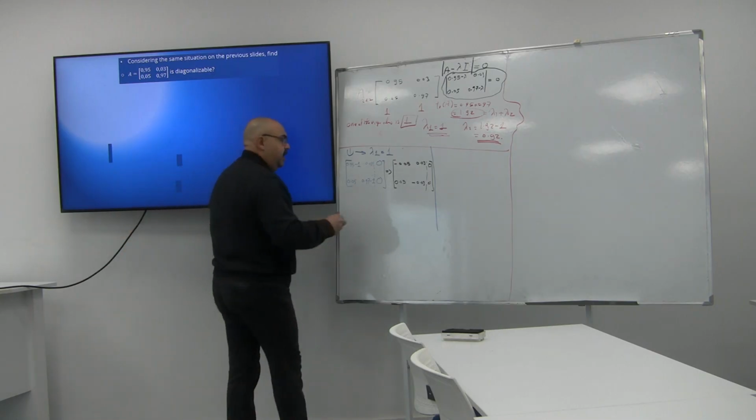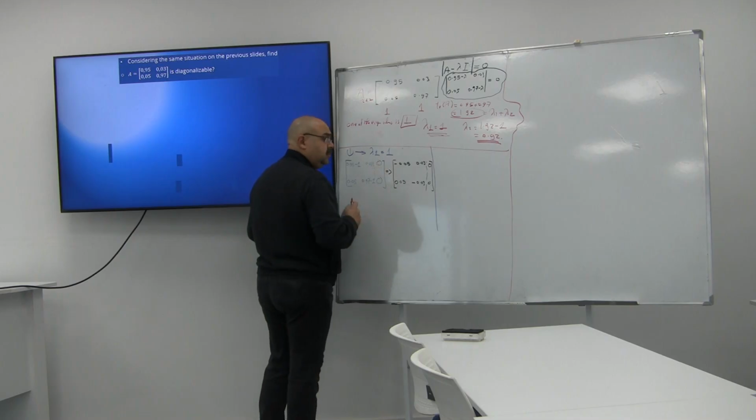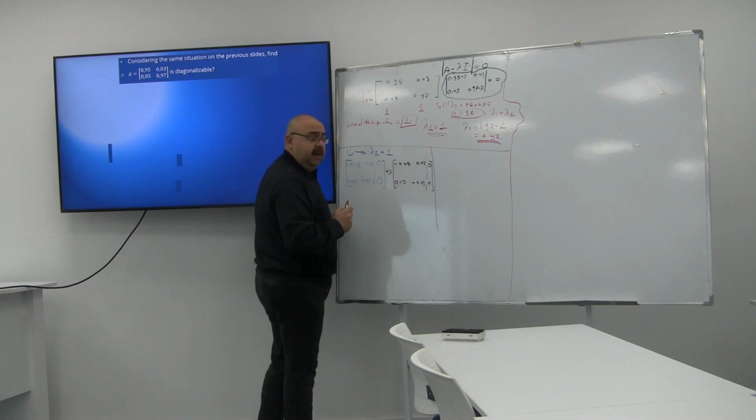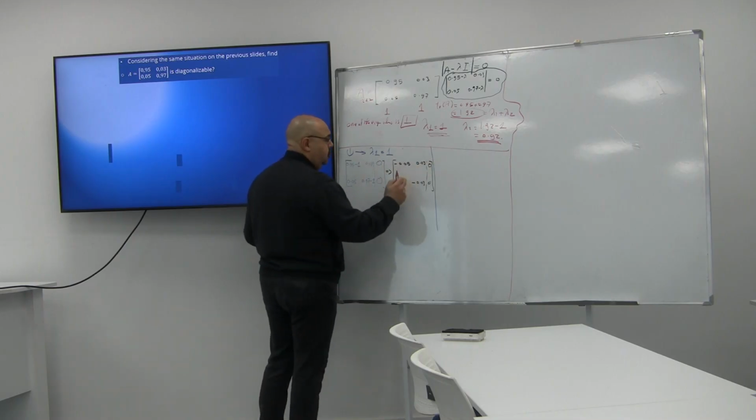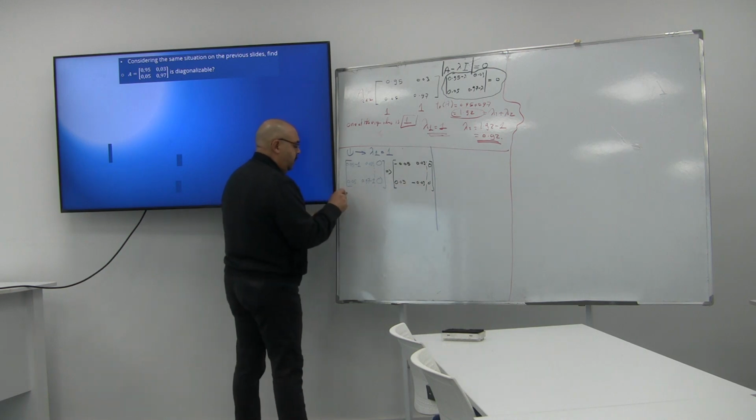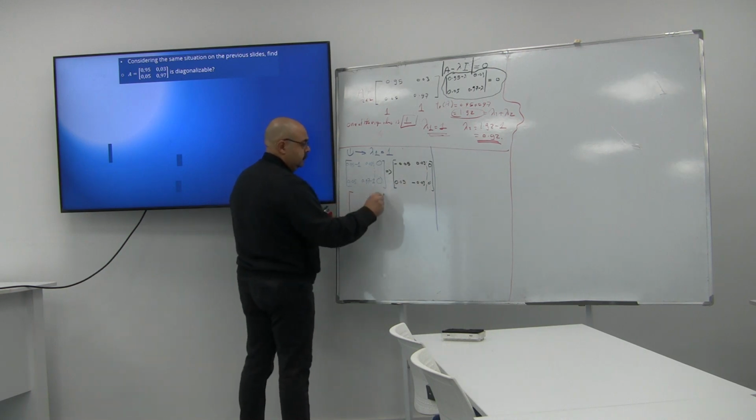So simply, I can add this row to the second row. So I will have, first of all, 0, 0, and 0. And for these values, dividing by negative 0.05, I will have 1.